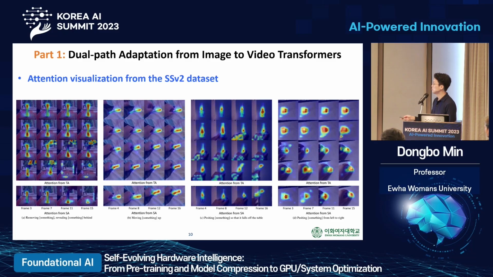So this is a hand pushing something, and from the temporal adaptation, we can see high attention on the moving hand during our adaptation. What this means is that using this adaptation, we can focus on the highly relevant part of the input data.